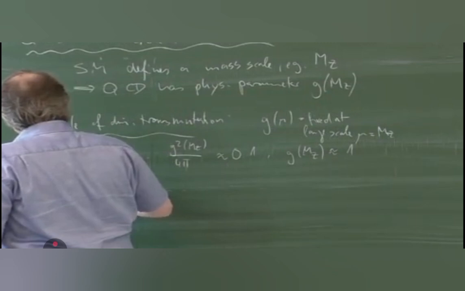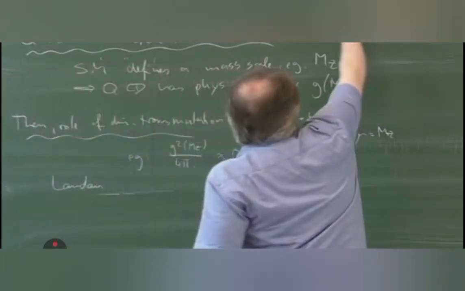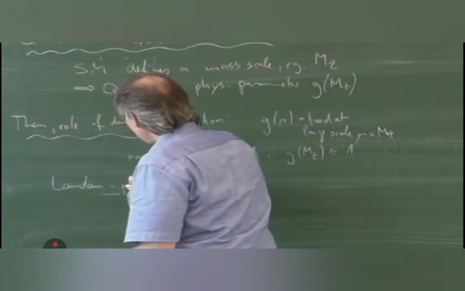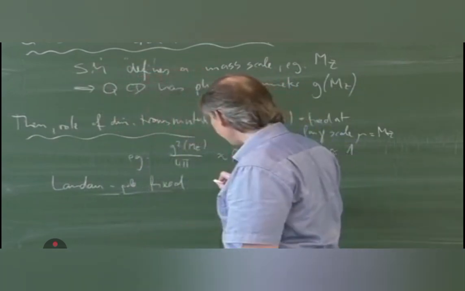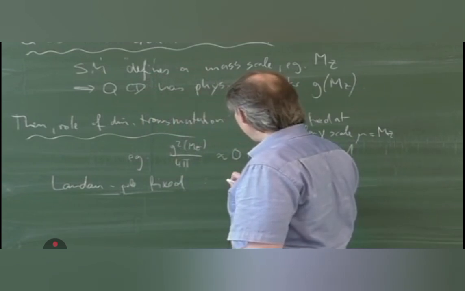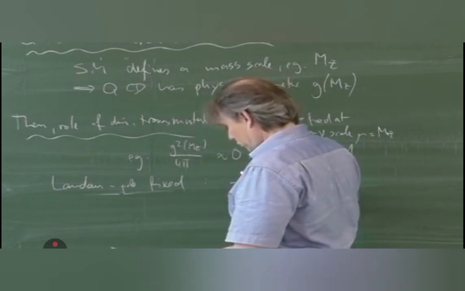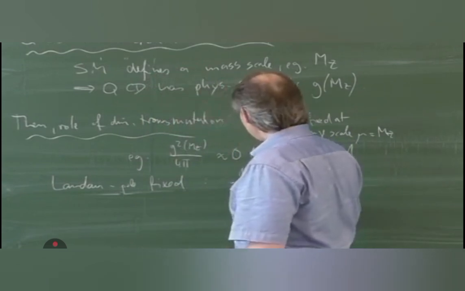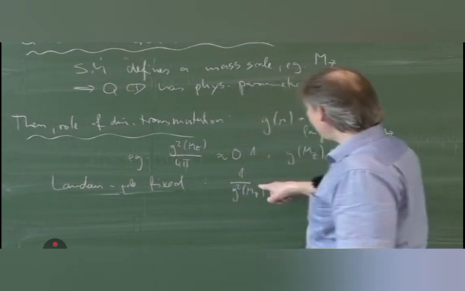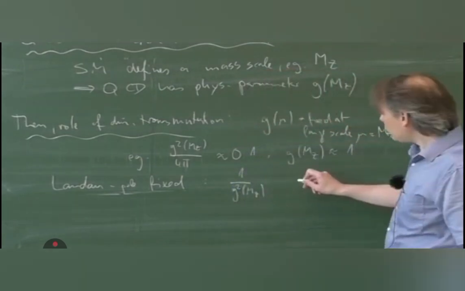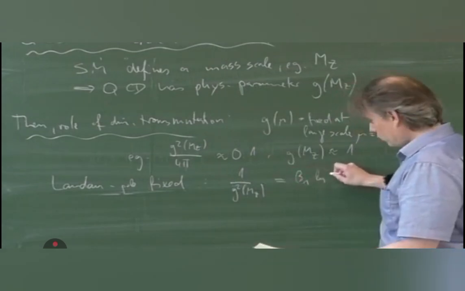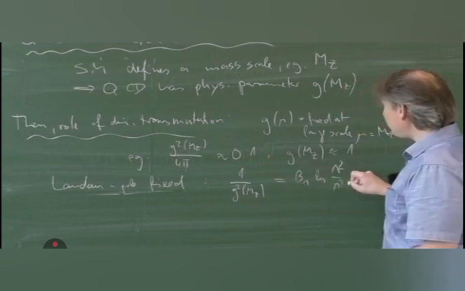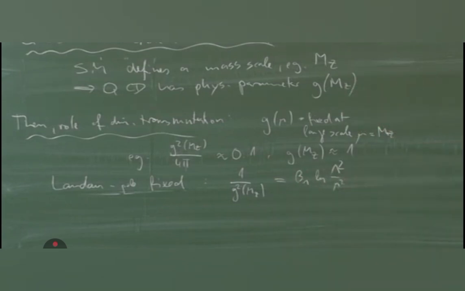So then there is this Landau pole of the trajectories at small energies, and we can calculate its value. So the relationship is 1 over g squared at m_Z minus 1 over g squared at the Landau pole, which is 0, is equal to beta 1 times ln of lambda squared divided by m_Z squared, where lambda is the value of this Landau pole.